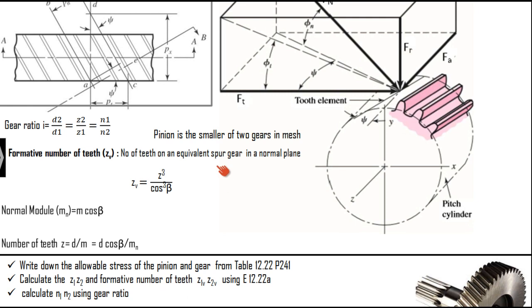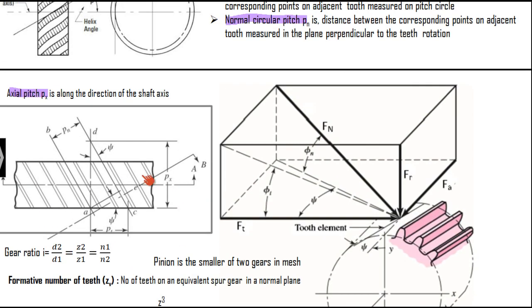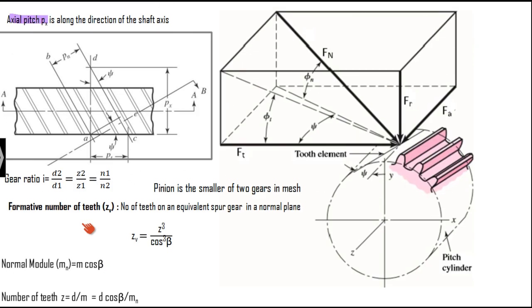Now, if we take a section along the normal plane, that section is nothing but the section of a spur gear. It is very much similar to that. What we are going to do is calculate the formative number of teeth.